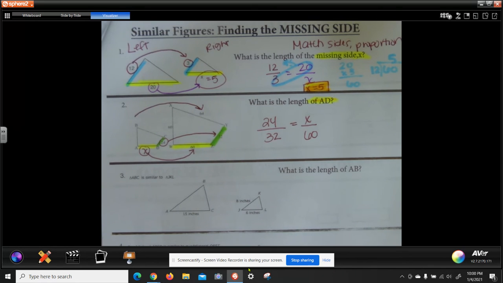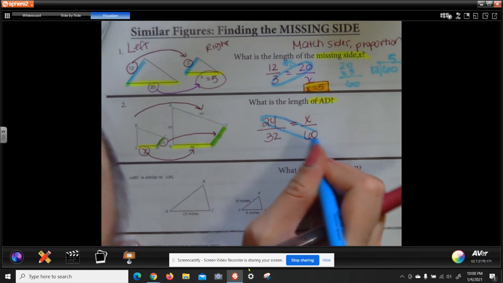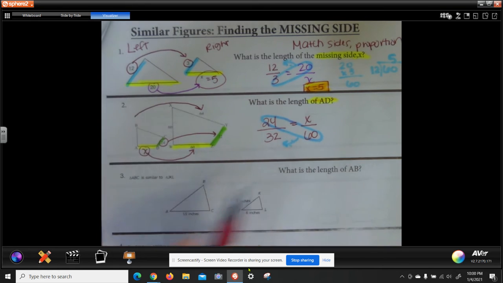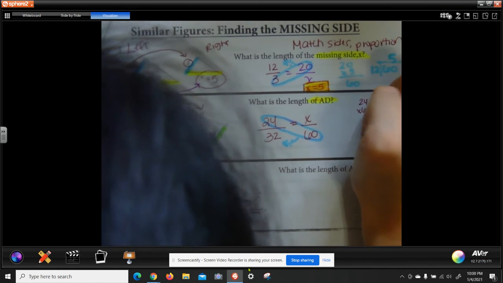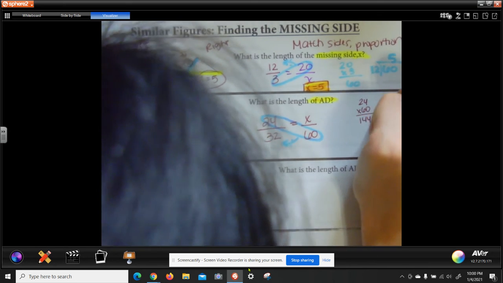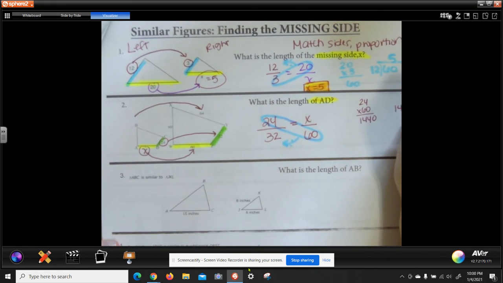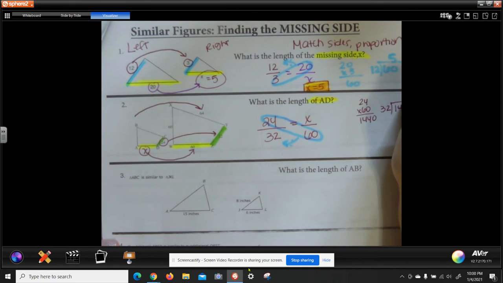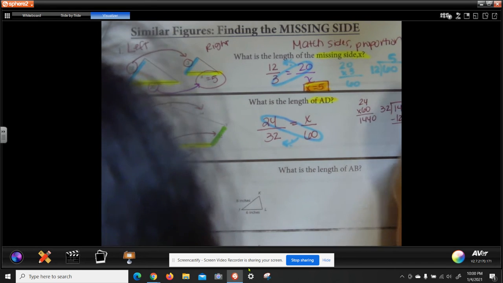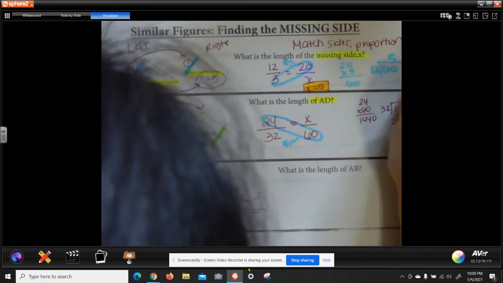Okay? And then again, you're going to have to cross multiply 24 times 60 and then divide it by 32. 24 times 60 is 1,440, and then divide it by 32, which gives you 45.